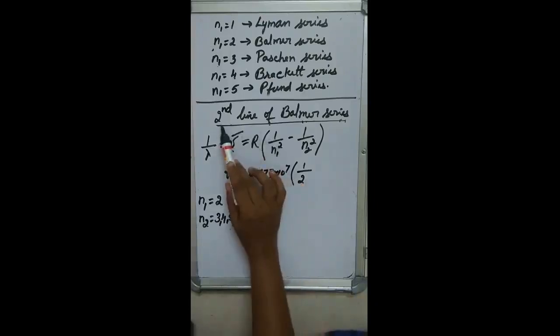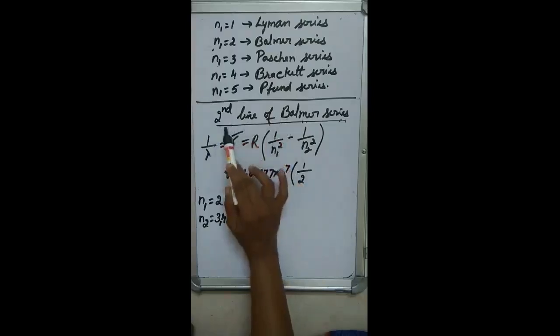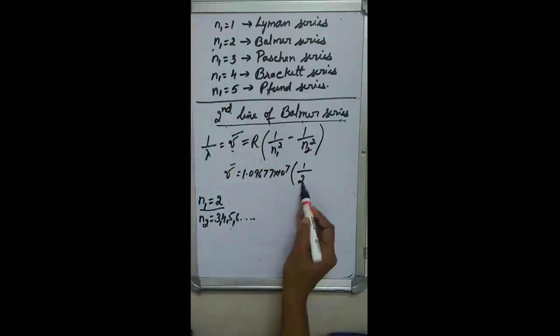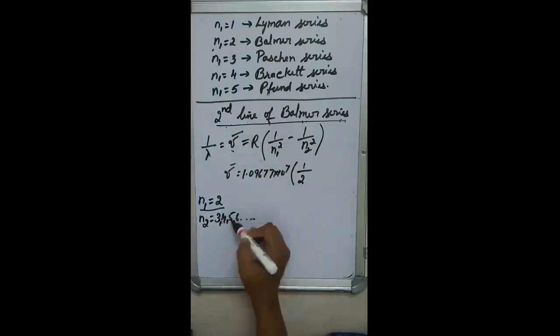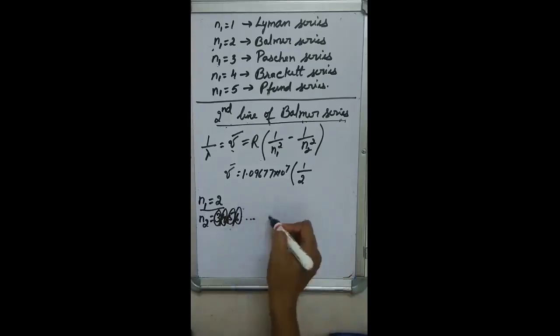Calculate wave number and wavelength of the second line of Balmer series. n1 is fixed for Balmer series, that is 2. Now n2 varies: 3, 4, 5, 6, like that. Now 3 means first line, 4 means second line, 5 means third line, 6 means fourth line, like that it will continue.